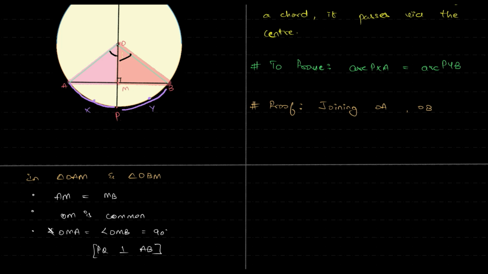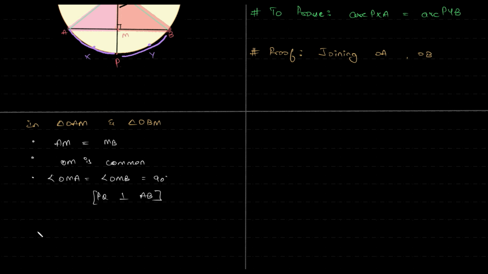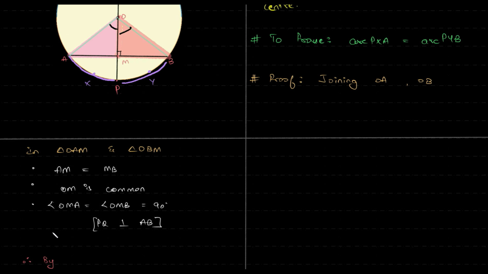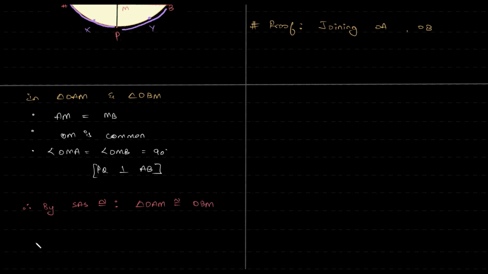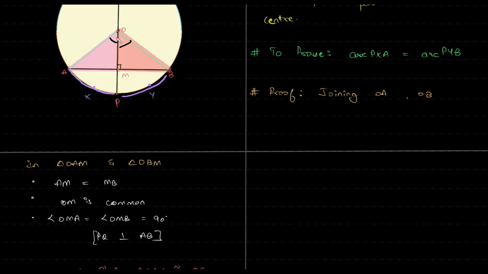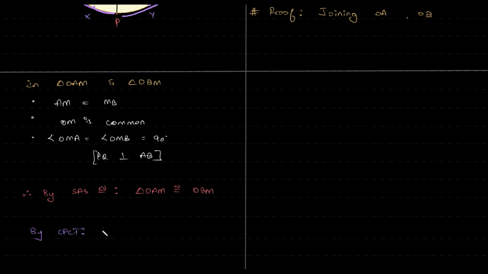Everything is written. And so what can we tell? Correct. Therefore, by SAS congruency, triangle OAM is congruent to triangle OBM. And therefore, by CPCT, we have angle AOM is equal to angle MOB.